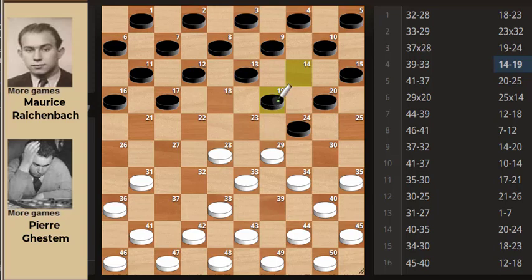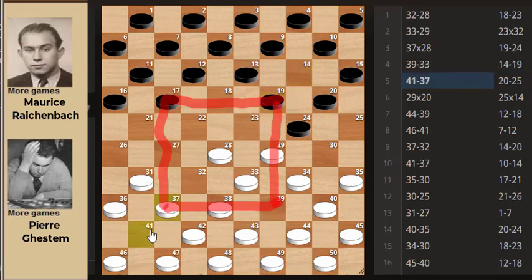Let's draw the square to calculate this move. So if you draw the square, we can play 41-37. So another option is 44-39, as shown by the square diagram.